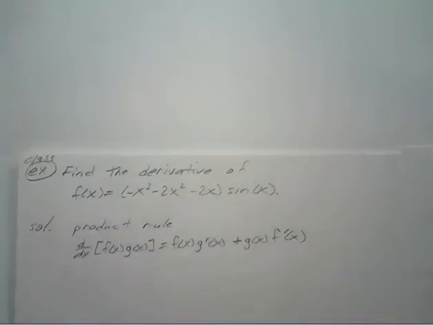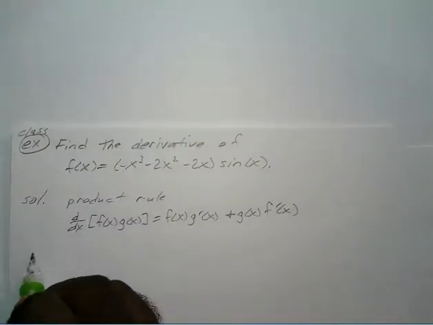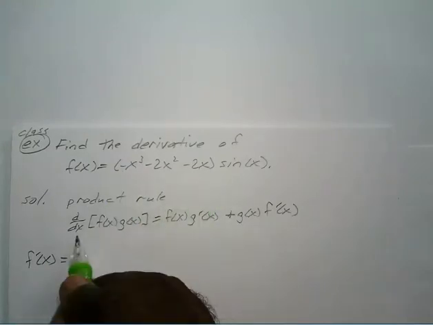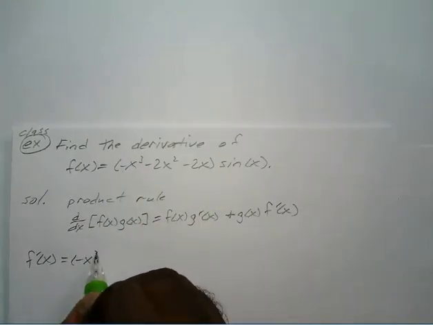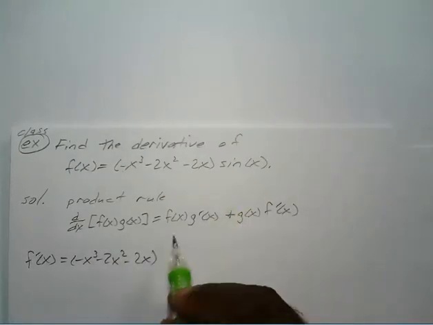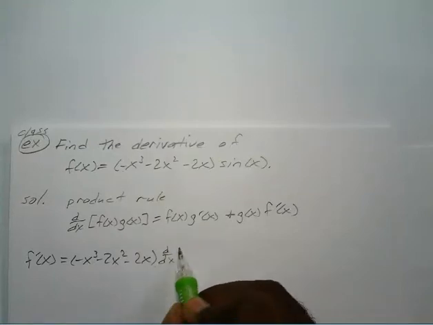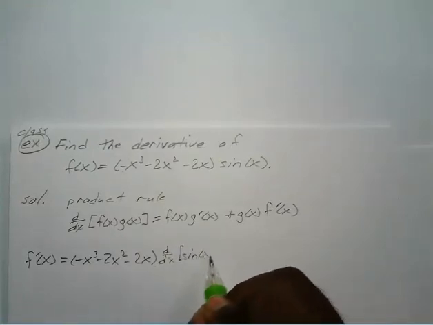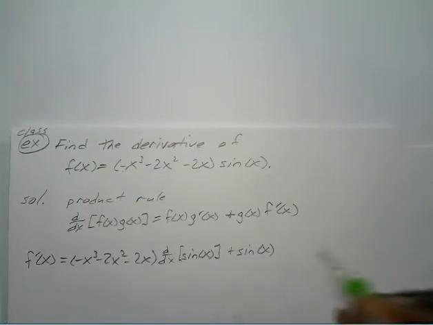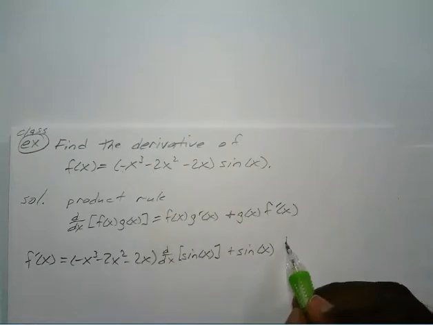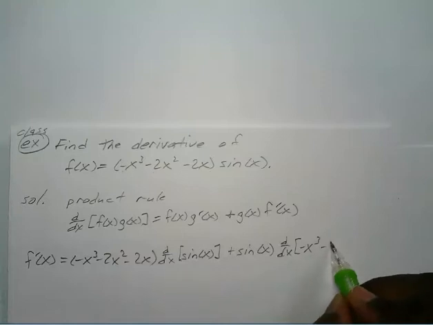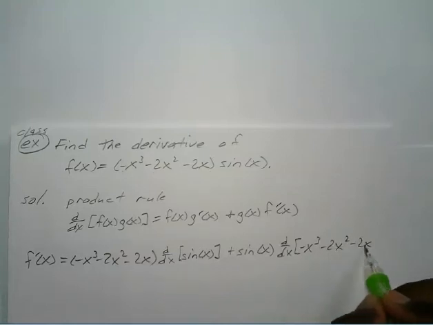Okay, so that means our derivative here, f prime of x, is equal to our first function, negative x to the third minus 2x squared minus 2x times the derivative of the second plus the second function, sine of x, times the derivative of the first, negative x to the third minus 2x squared minus 2x.